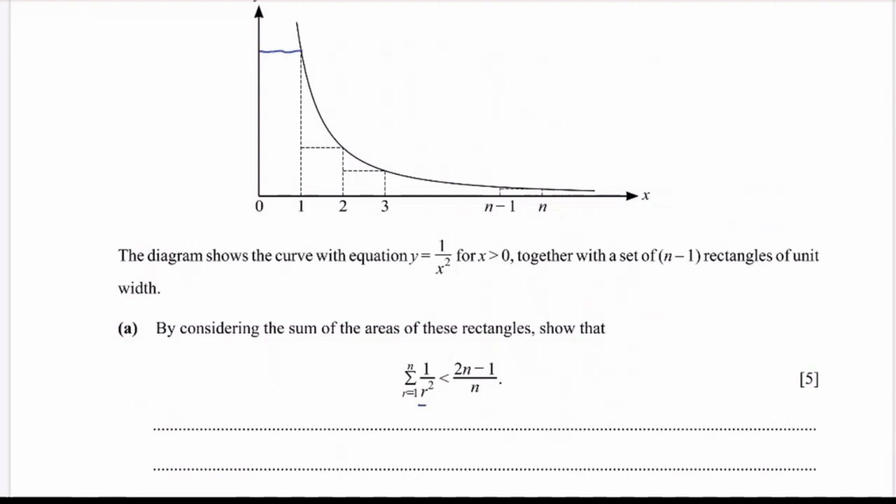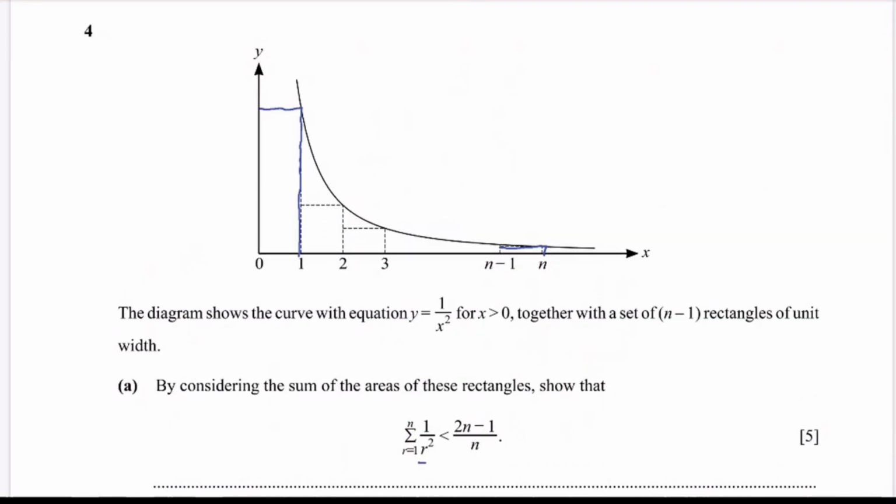If we consider the first rectangle here until the last rectangle here, this set of rectangles has a sum of heights 1 over 1 squared plus 1 over 2 squared and so on, until 1 over n squared. So this is actually less than the area under the curve from 0 to n.